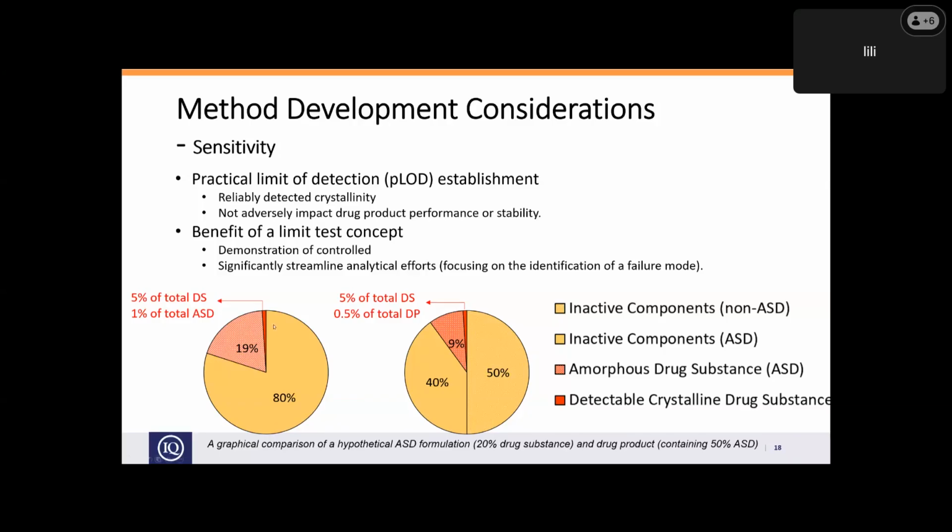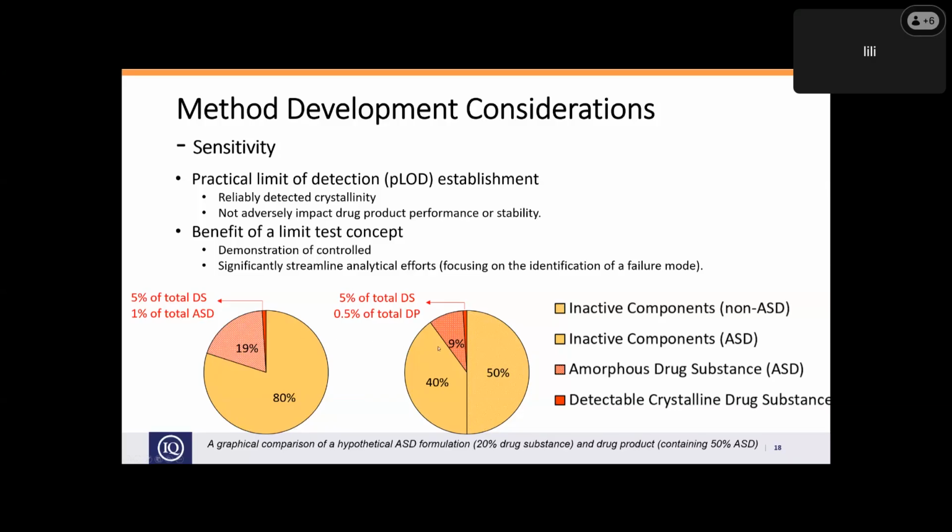The chart on the left is an example of ASD with 20% drug loading. Within this ASD, if there is 5% crystalline drug substance with regard to the total drug substance, this will correspond to only 1% crystallinity if we express it as weight percent against the total sample weight of the ASD.